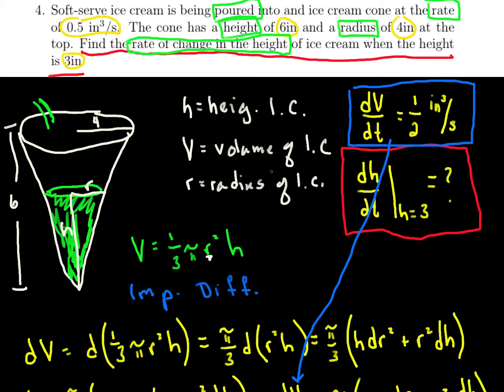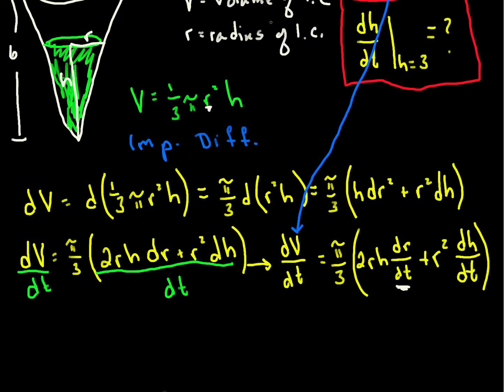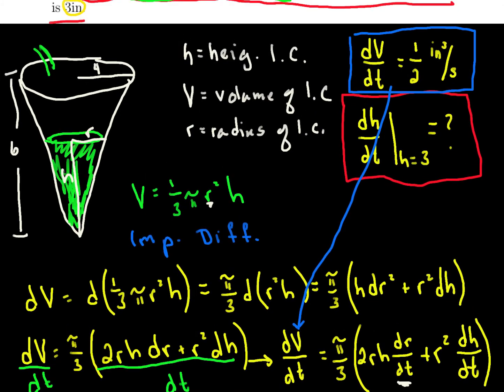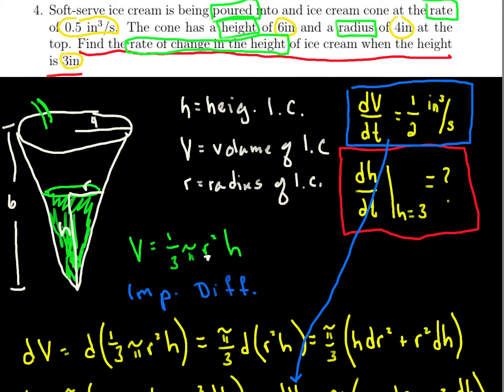So this means that we need to backtrack a little bit, because we've gotten to a place where we've got this dr/dt to mess with. Something that should be tickling at the back of your mind is the fact that we've never used the information that the cone is 6 inches high and that its radius is 4.